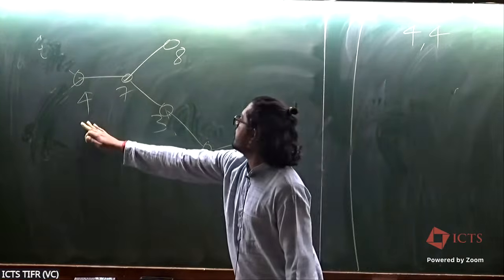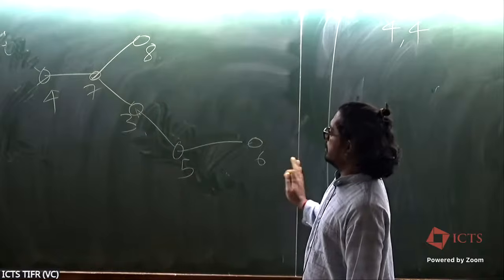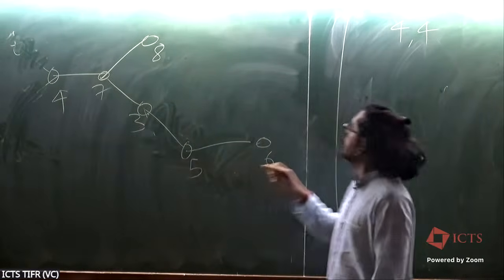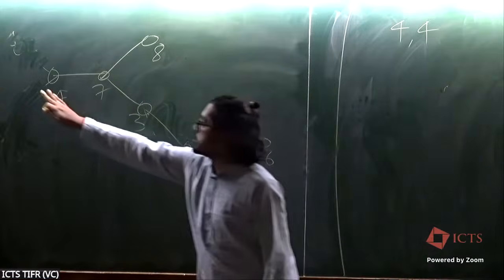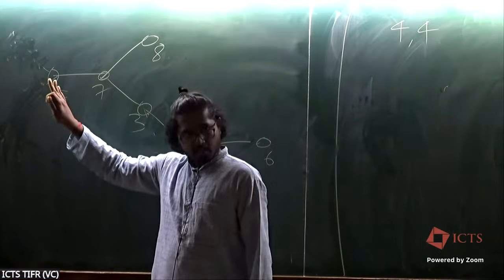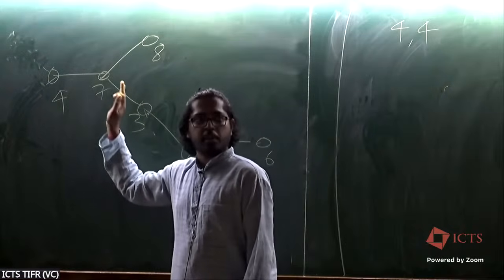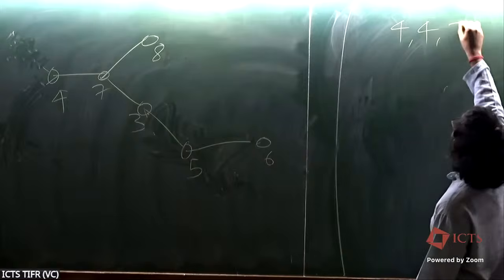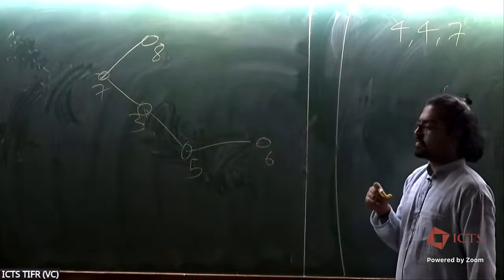Correct, 4 is now a leaf and it has the least label among all the leaves. I will record the label of its neighbor. So 7. Then I delete this. Okay, next. 6.